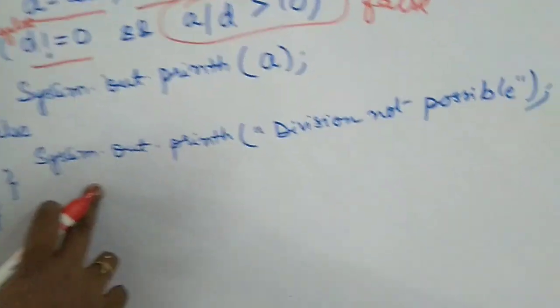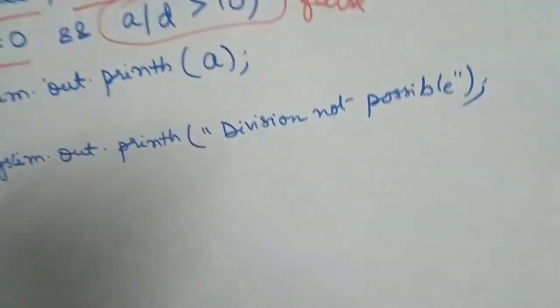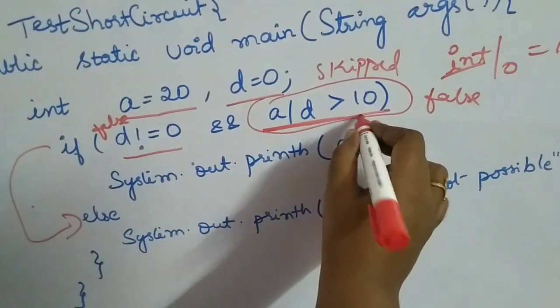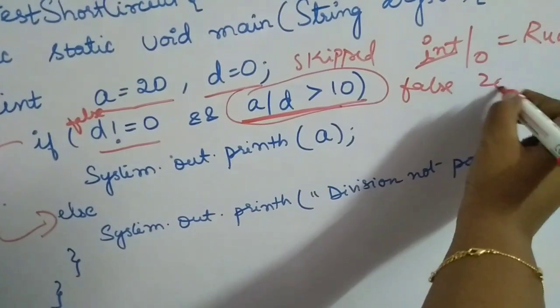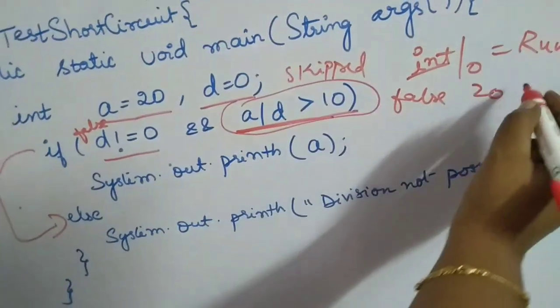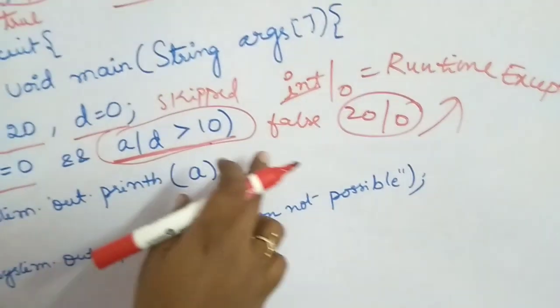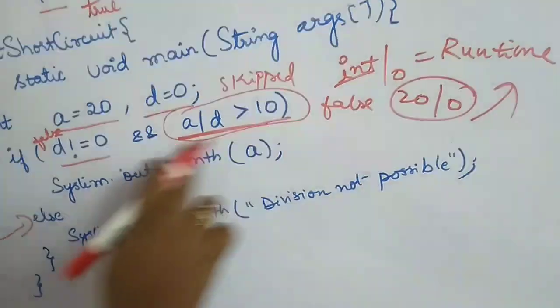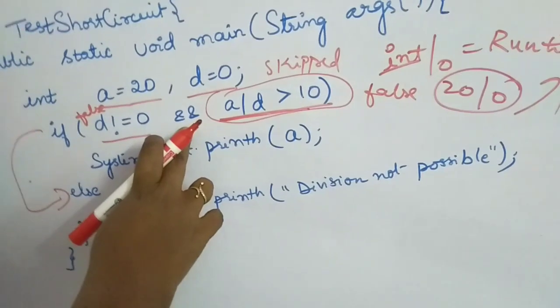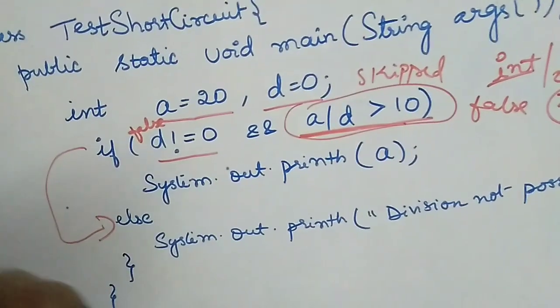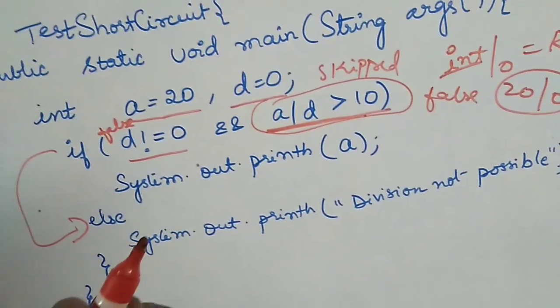Now we have avoided a runtime exception that would have arisen in this condition, because A is equal to 20, and if this statement executed, 20 by 0 would result in a runtime exception. So we have avoided a runtime exception because of the short circuit operators. This is the advantage of short circuit operators.